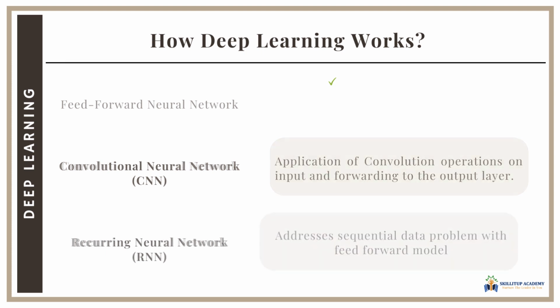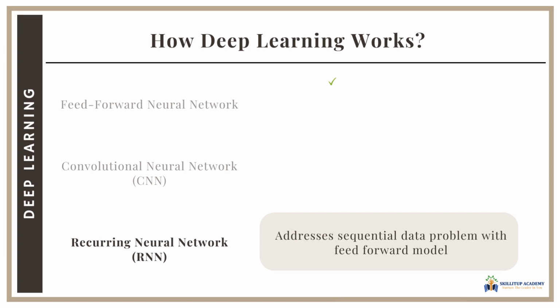Now the next one is RNN, that is recurrent neural network. This network came into picture to address the sequential data problems with the feed-forward model. Feed-forward model was not able to store the previous data, and every time it would consider the input data as new data.